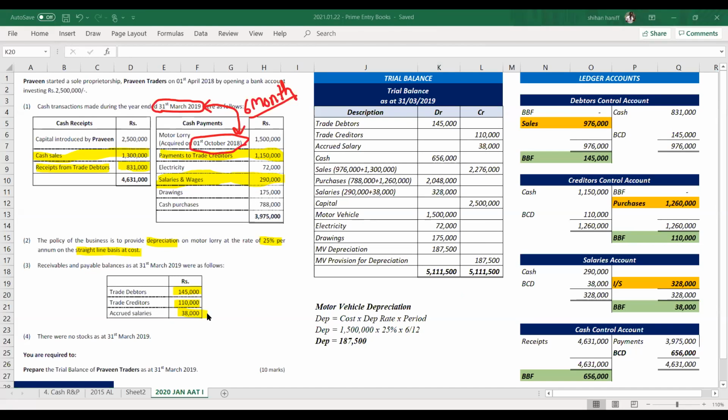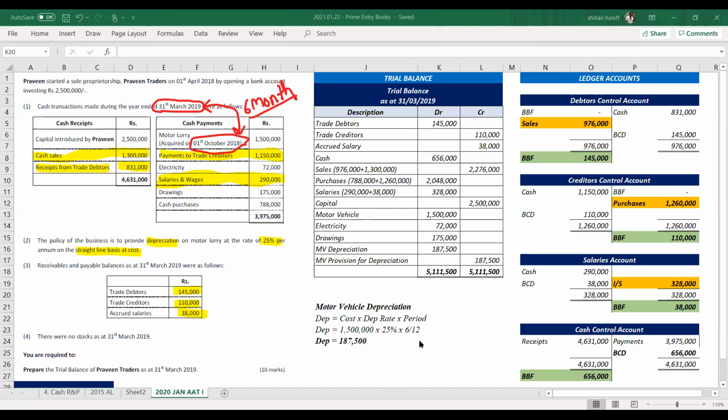There's a question: why have you included period in depreciation calculation? Because depreciation rate is given for 1 year. If we are calculating depreciation for a different time period, now 25% per annum. Per annum means for 12 months.